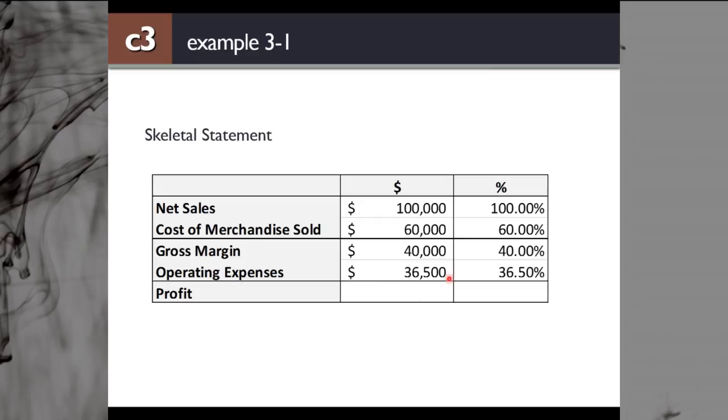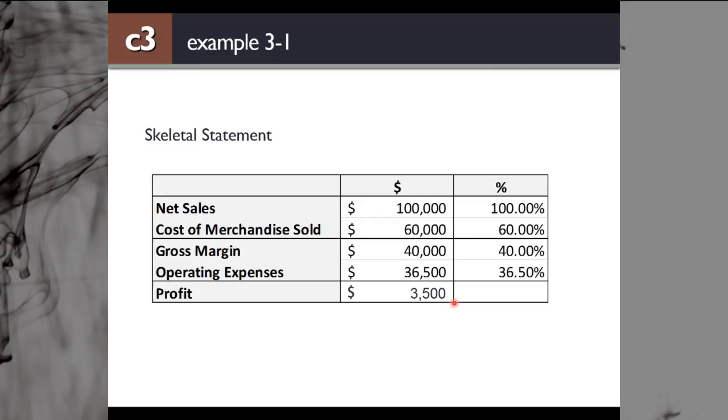So the difference between these two, can you tell me what number you got? 40,000 minus 36,500, so you got 3,500. So that's going to be your profit.